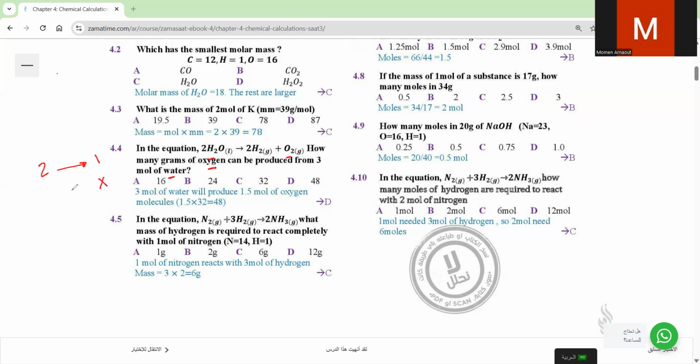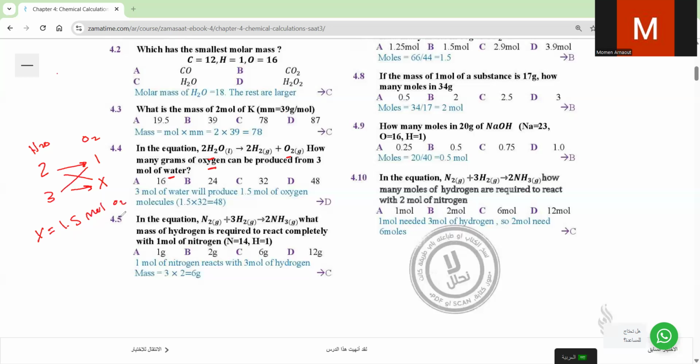If 2 moles of water produce 1 mole of oxygen, then 3 moles, how many? By logic, 2 produce 1, or you can make cross multiplication. You will find that X equals 1.5 moles.